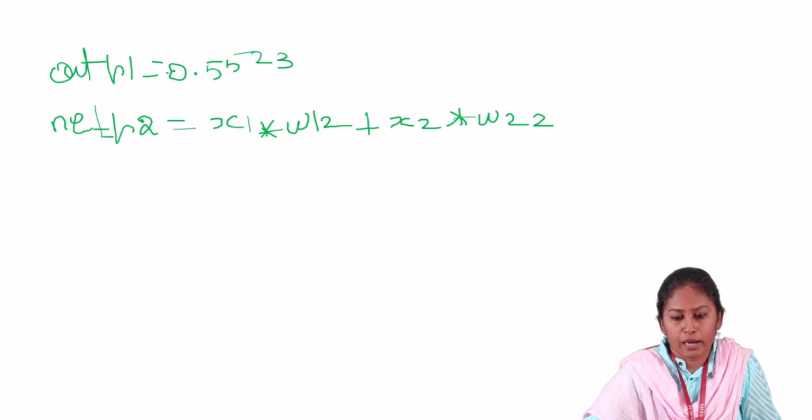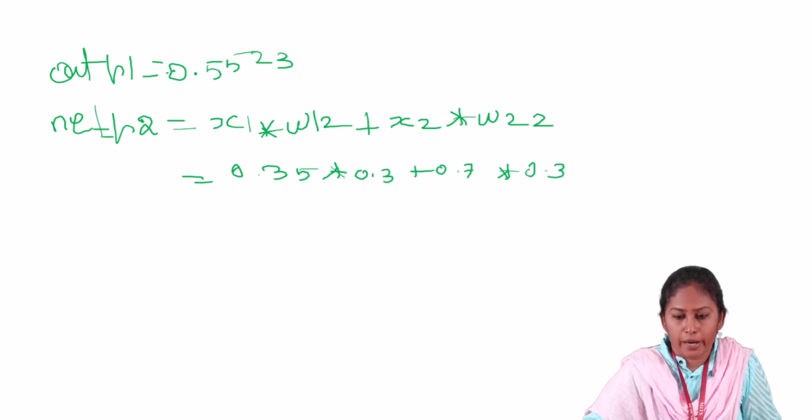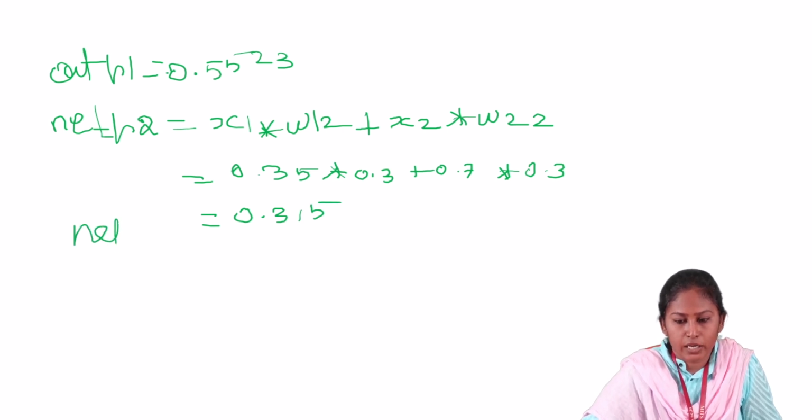So X1 value we know, 0.35 star 0.3 plus 0.7 star 0.3. So calculate the value. It is coming around 0.315. So that is the value of net H2.